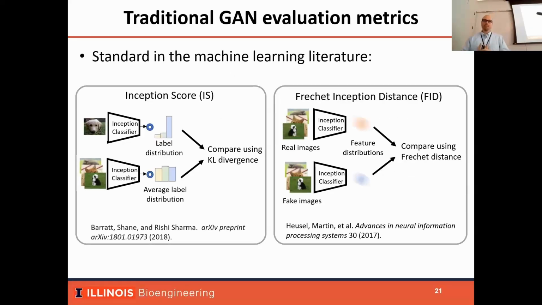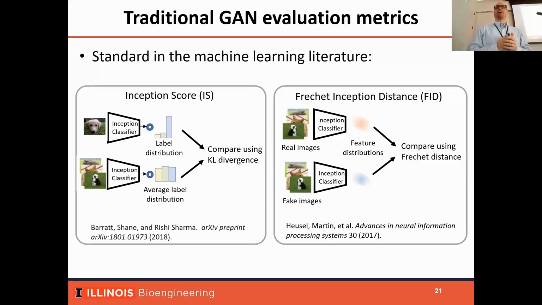Let me remind you about some of the traditional evaluation metrics that people use to describe GANs. In essence, when you try to assess a GAN, you're trying to compute a distance between the distribution of GAN-generated images and the distribution of real images. You sample images from the GAN, and you have your collection of real training images.